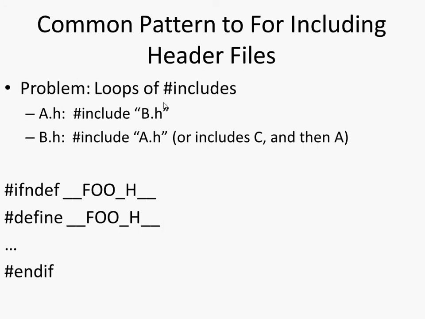If we had a situation where we had a L, 2 O's, and a P among .h files, that could cause a problem. Why could this cause a problem? What would happen if we tried to compile a program, main.c or something like that, that did a pound include a.h?